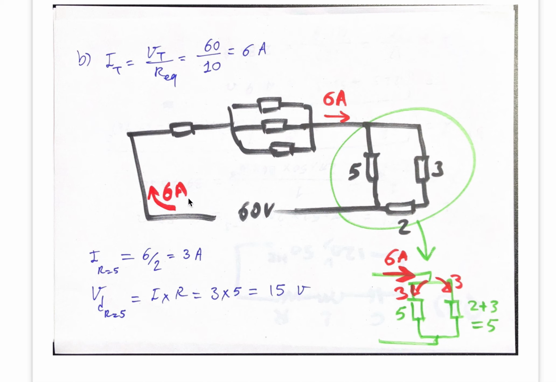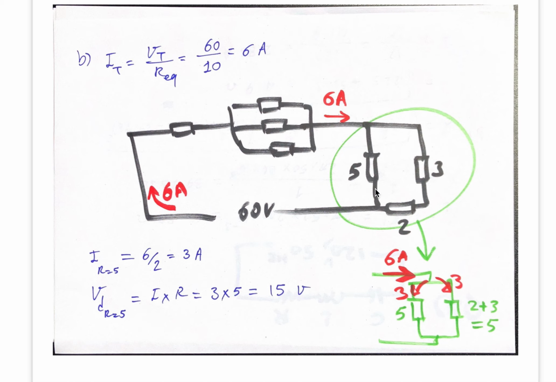This is the total current injected by this battery, which flowed through this resistor and proportionally through all of these resistors, and finally it is the same original value, 6 amp, and it reached this node. Now I want to know what is the current flowing through this branch.